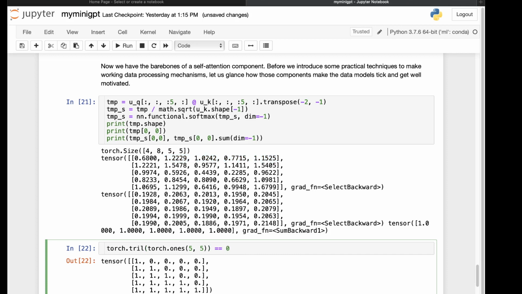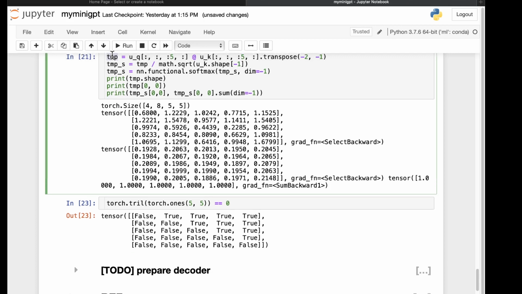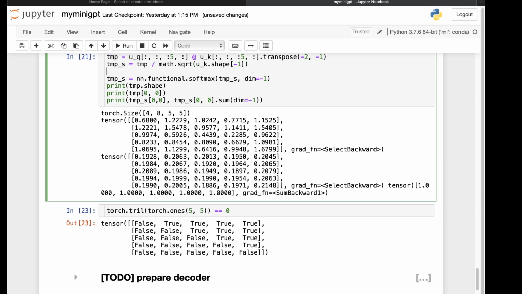Consider if this is 0. Okay, now we have flipped the mask. Let us take the temp scores, temp s dot mask. I always use Google to, trust me, I just Googled the signature of the function and how to use it.